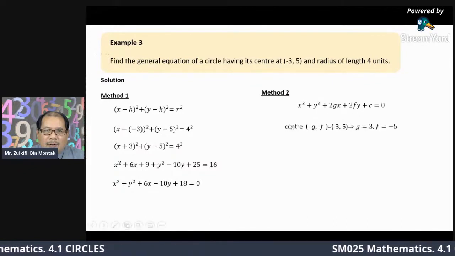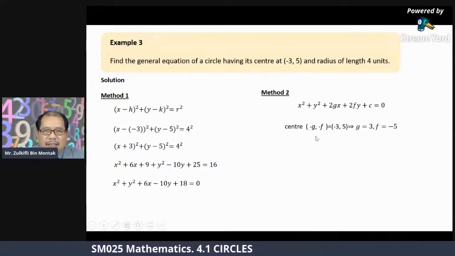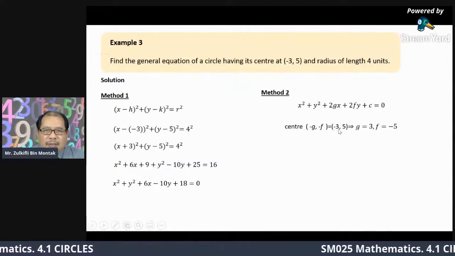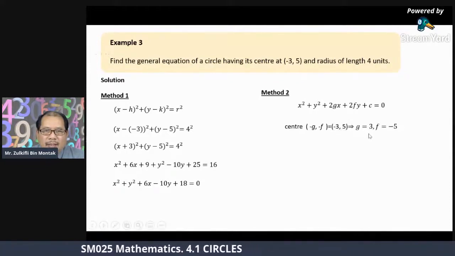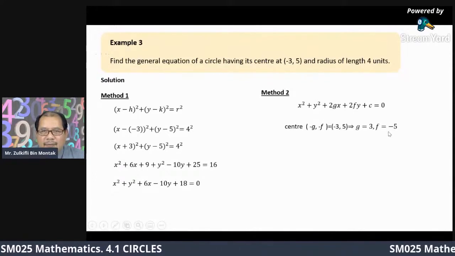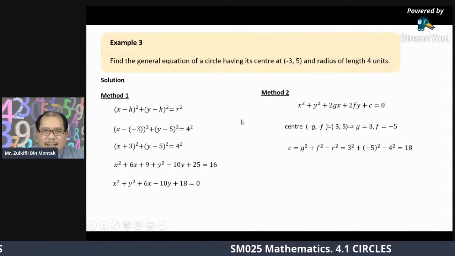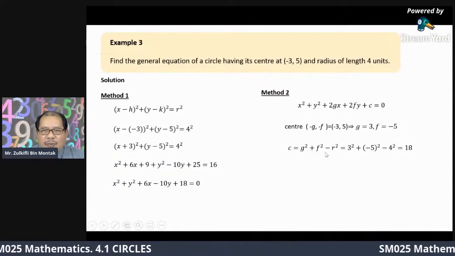If we have a general equation, the center is given by (-g, -f). So given that the center is (-3, 5), that means g equals 3 and f equals negative 5. And then we know from the previous knowledge that c equals g squared plus f squared minus r squared.